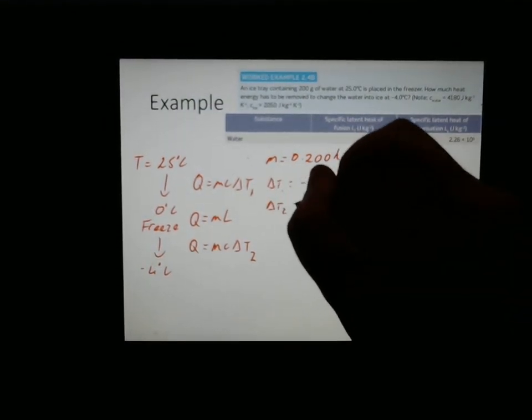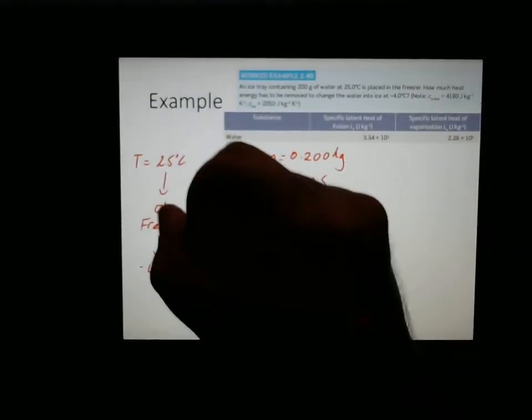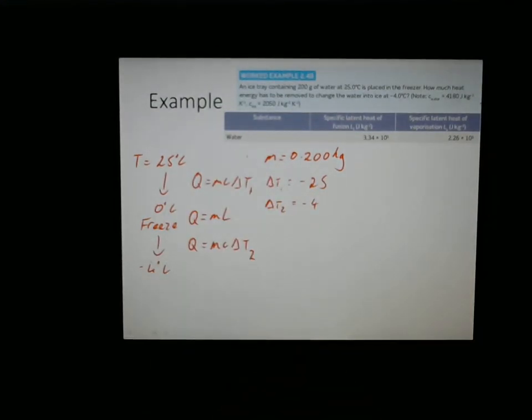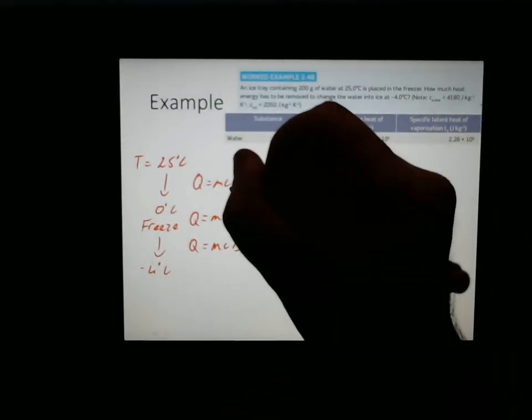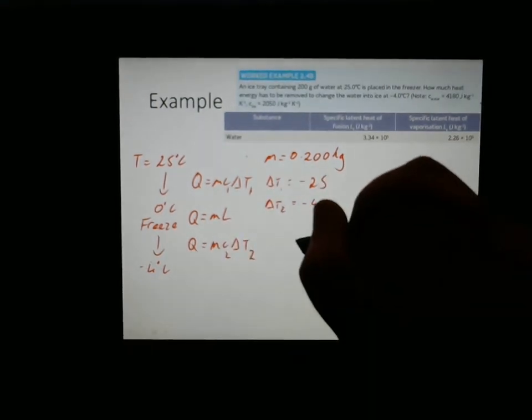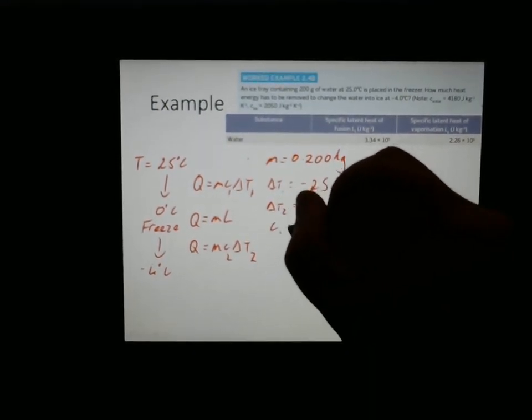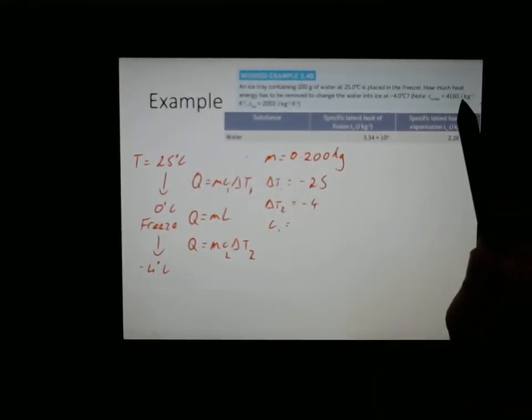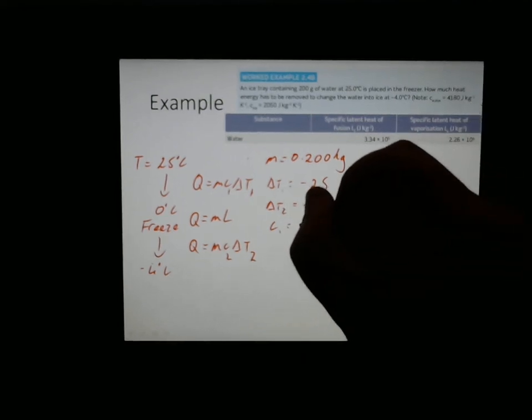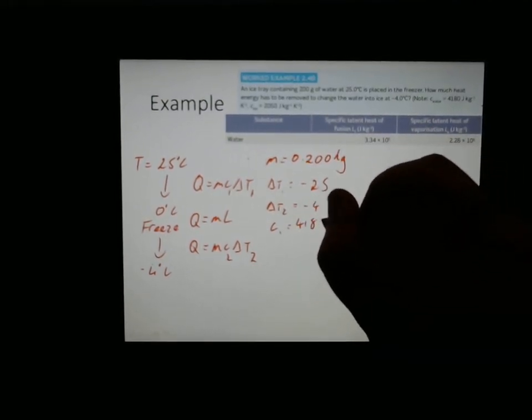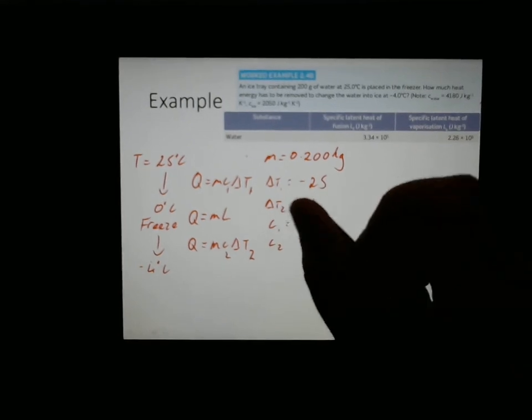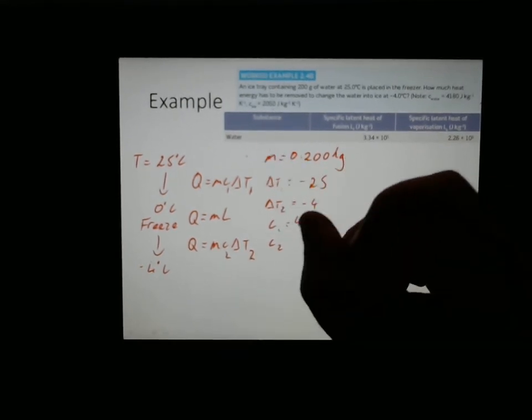Delta T2 equals -4, from 0 down to -4. We'll call these C1 and C2. C1 equals 4180. C2 equals 2050.